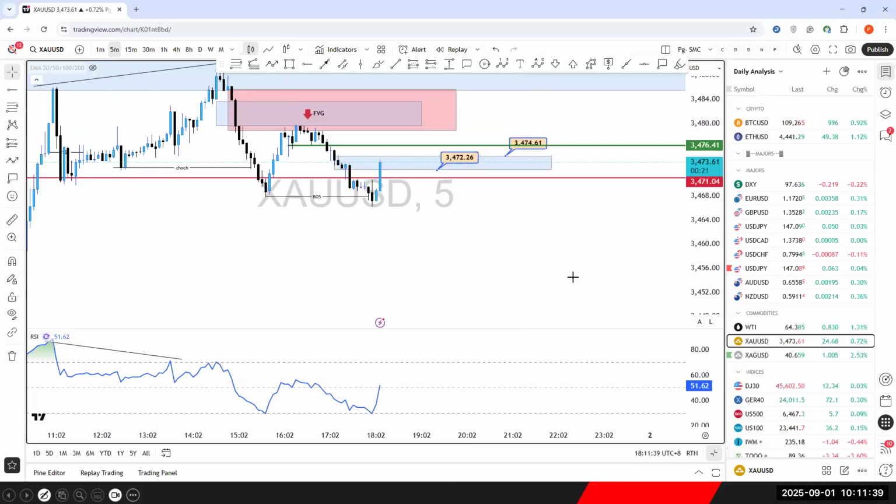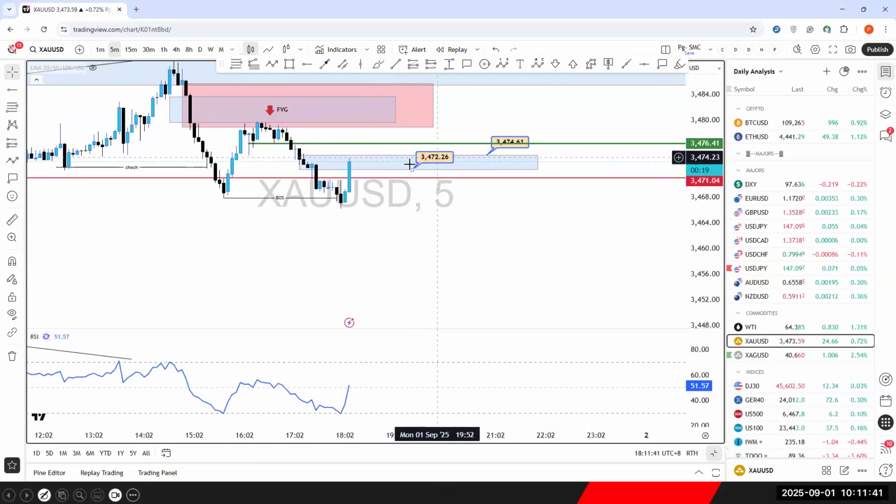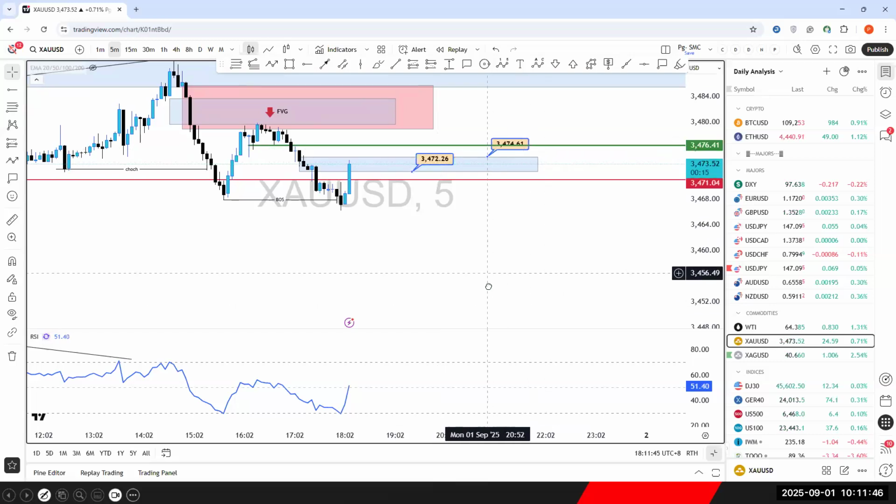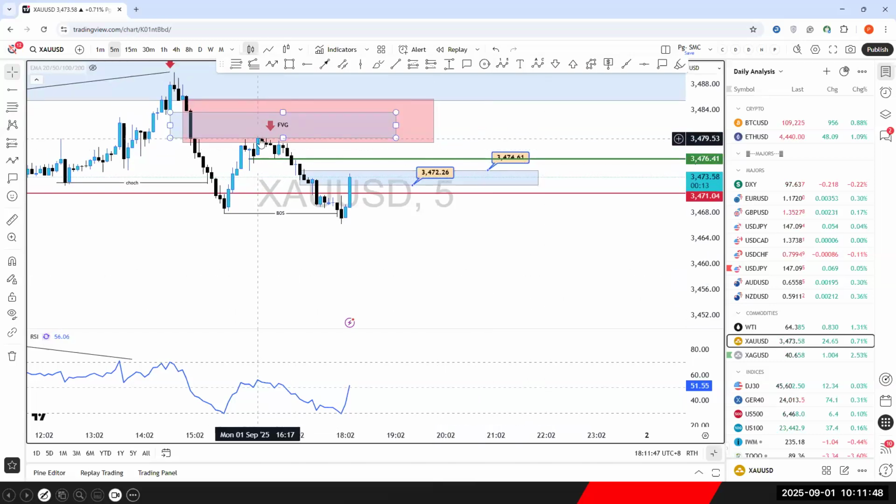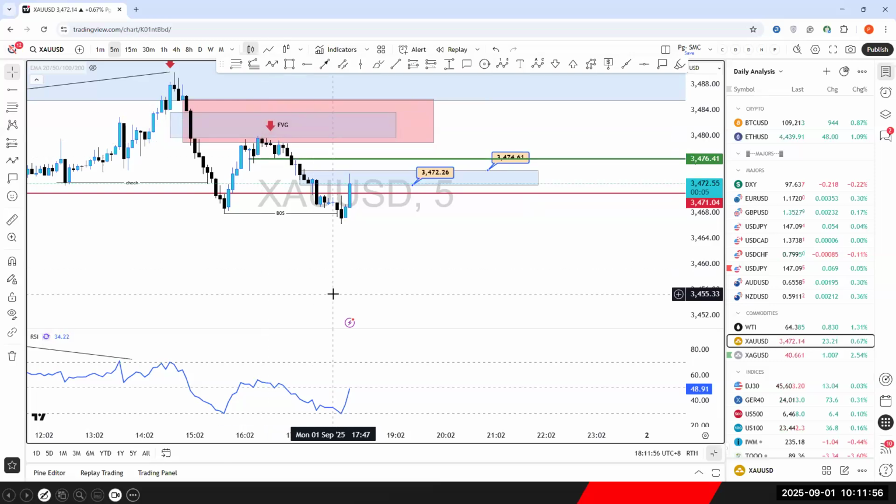Okay, high risk, I have to tell you first. But sell here 72 to 74. Stop loss above this. Above 80. Okay, above 80.